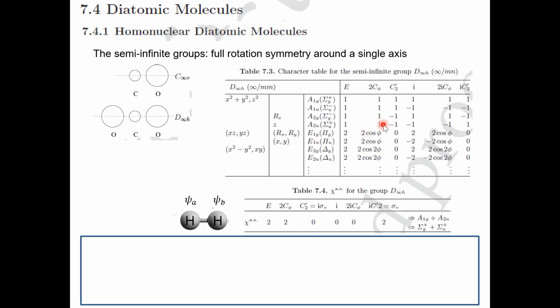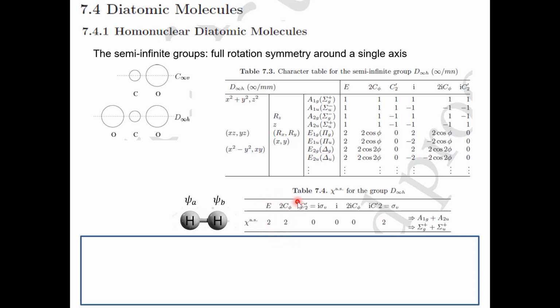Okay, very good. So I can start in a similar way I did in the previous slide by trying to write chi_A_S, the characters for the equivalence representation for this group. So once again I have to see for all these different symmetry operations how many atoms are invariant, how many atoms do not move. I have 2 atoms total, so for the identity it is 2.